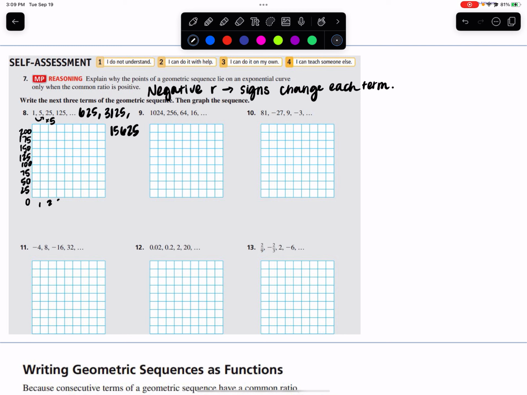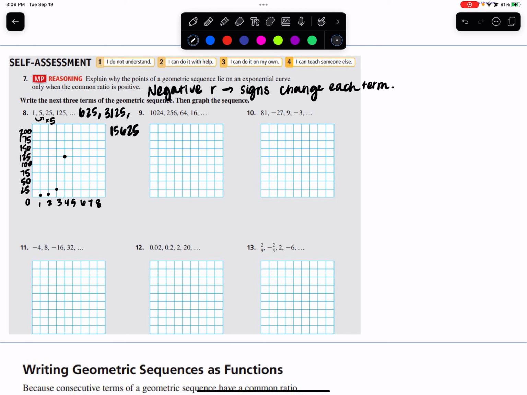And then 1, 2, 3, because we're always going to have just our regular whole numbers there, because that's just the positioning. So my first term is 1, 1. Then we have 2, 5. So we're starting real low. 3, 25. And then we see this exponential growth at 4, 125. And then none of the others would fit on this graph.